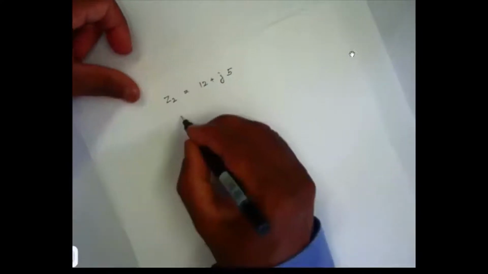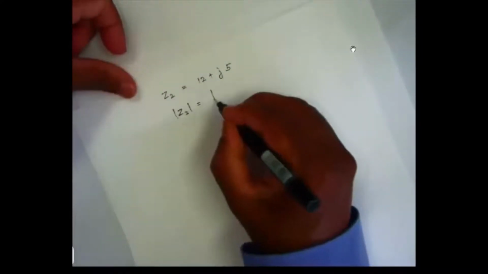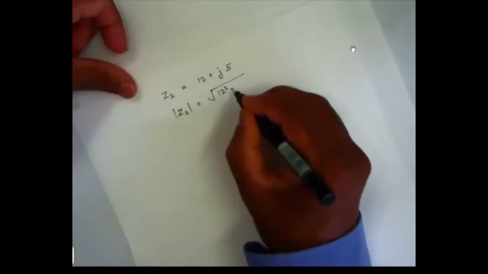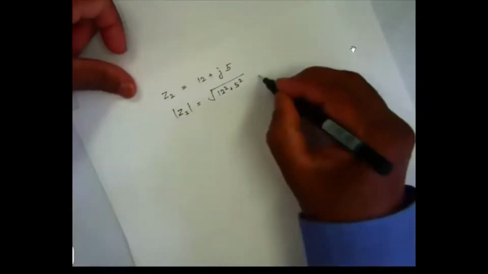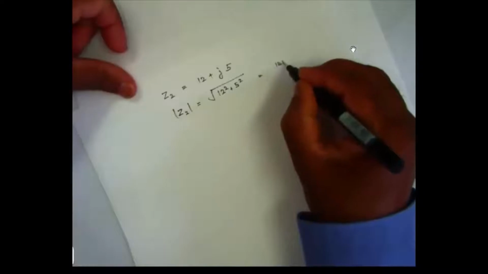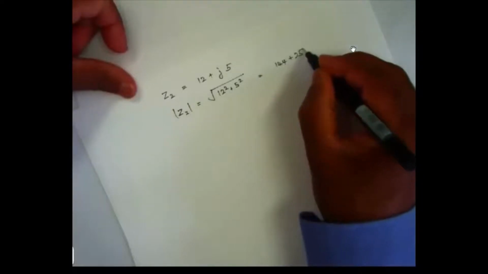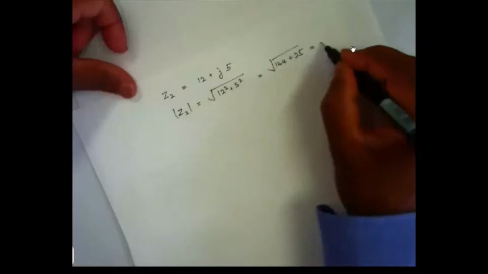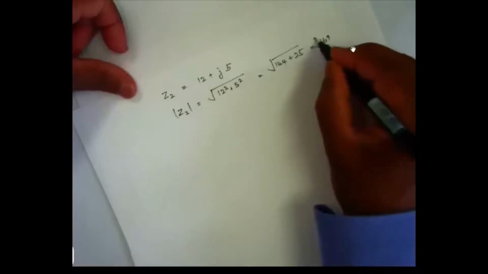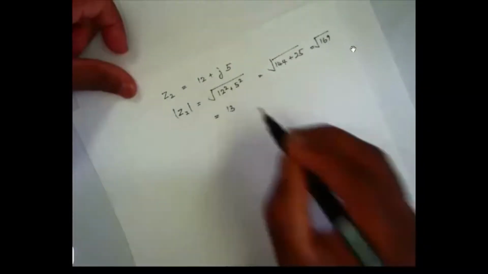Let's take the second complex number, Z2 equal to 12 plus j5. Here the modulus is equal to the square root of 12 squared plus 5 squared, which is the square root of 144 plus 25, that is the square root of 169, which is equal to 13.